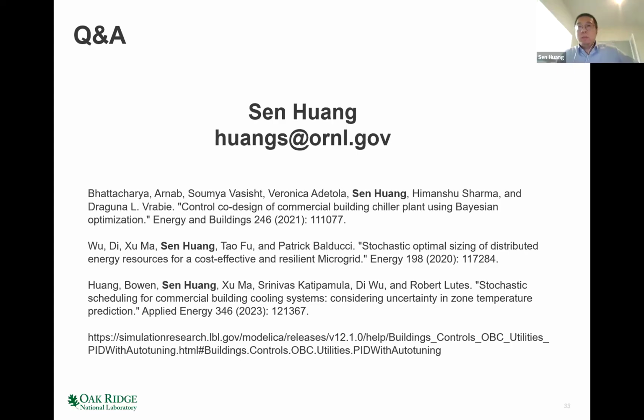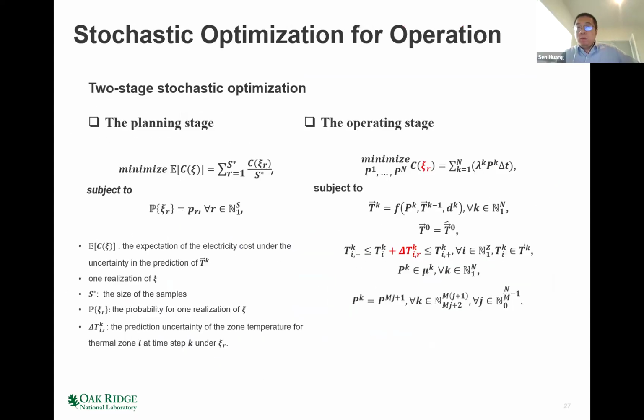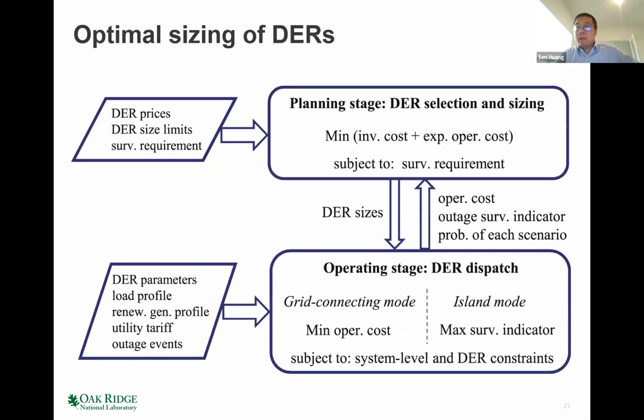Yeah, that's a very good question. The two-stage operation, as I mentioned, considers two parts. We have the planning part, which only considers the expectation. We are not considering one specific scenario. We're trying to find the solution that gives the highest expectation value for the decision variable.